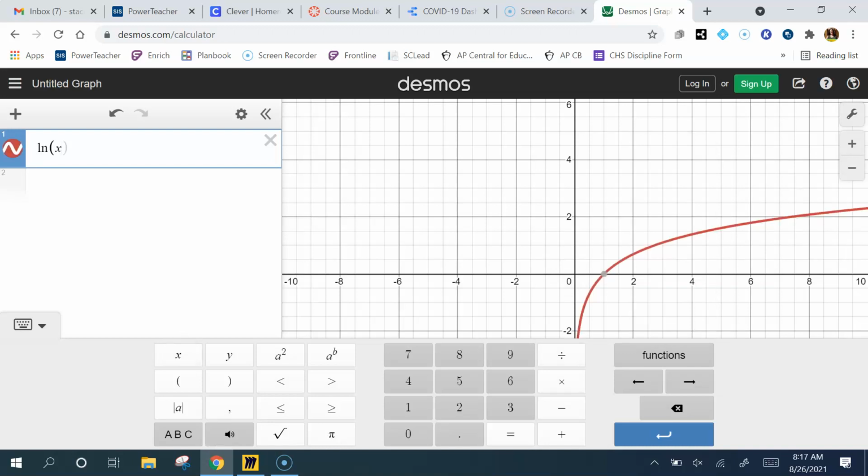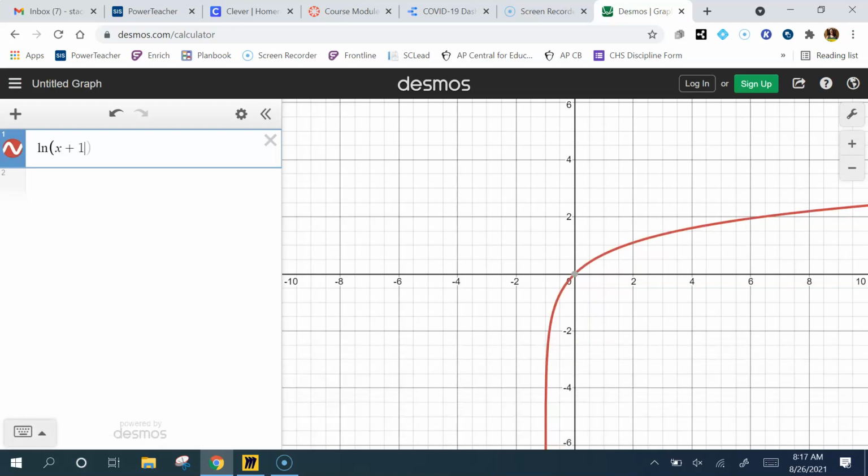The plus 1 is just going to be a shift for us here. Remember what the log graphs look like? All right, so my question here is, is it continuous?